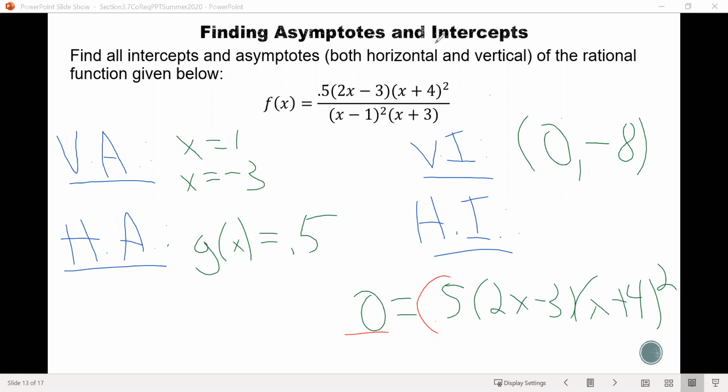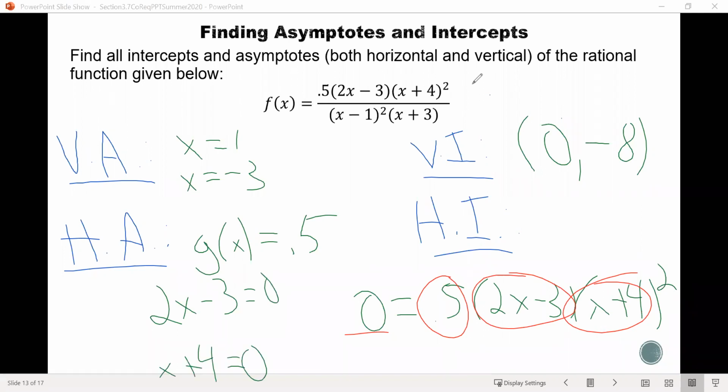We know that the 0.5 can't ever be 0, but we can take each of these other factors and set them equal to 0. So 2x minus 3 equals 0, x plus 4 equals 0. From that we get x equals 3/2, and x equals -4.